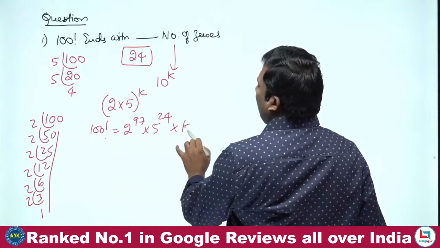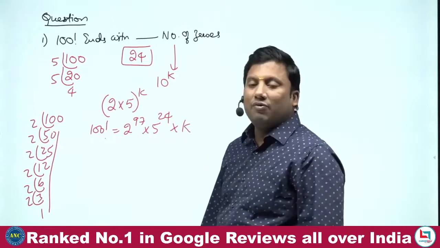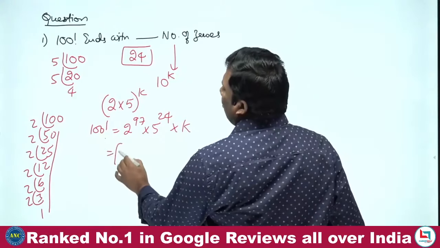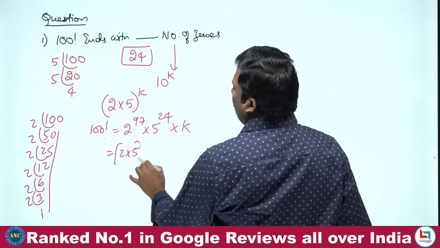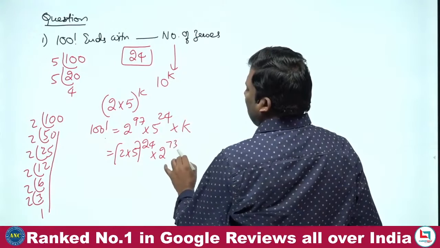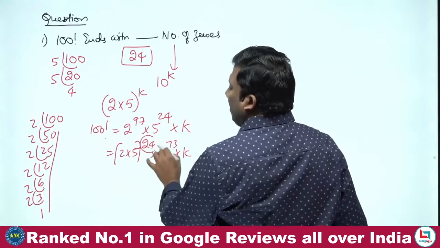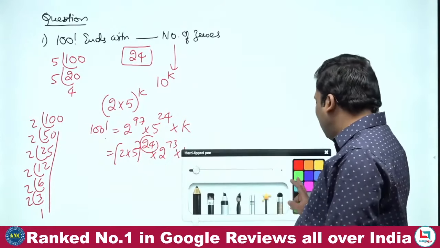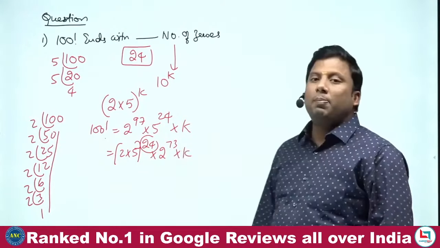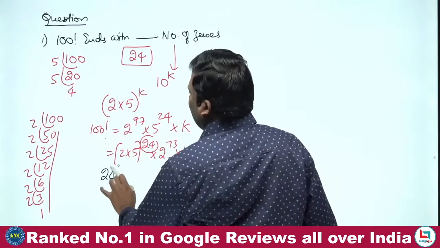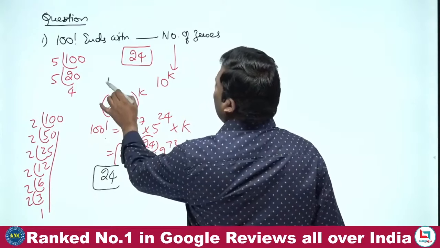Remaining are powers of prime numbers from 1 to 100 except 2 and 5. I want (2 into 5) power k. So 2 power 97 into 5 power 24, that is (2 into 5) power 24 into 2 power 73. 10 power 1 will give 1 zero at the end. 10 power 2 will give 2 zeros at the end. 10 power 24 will give you 24 zeros at the end.